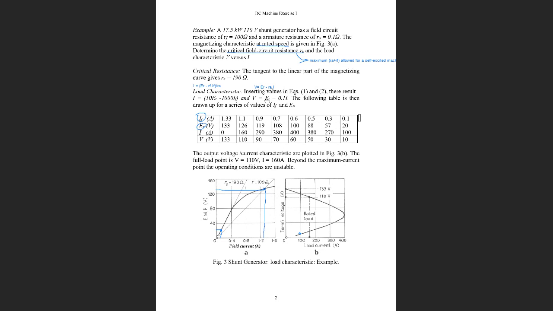Then we can draw the relationship between the terminal voltage and the terminal currents like this. So these are the generator's loading characteristics, that is, the terminal voltage versus loading levels. So this is the general approach for analyzing the loading characteristics of self-excited DC machines.